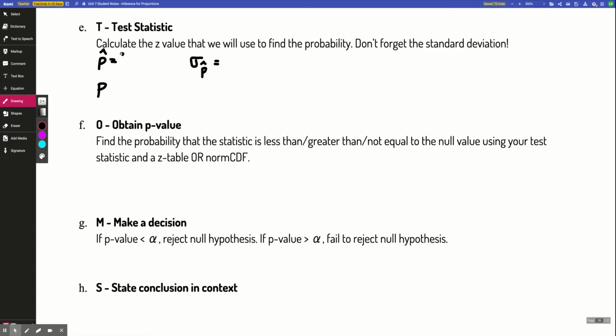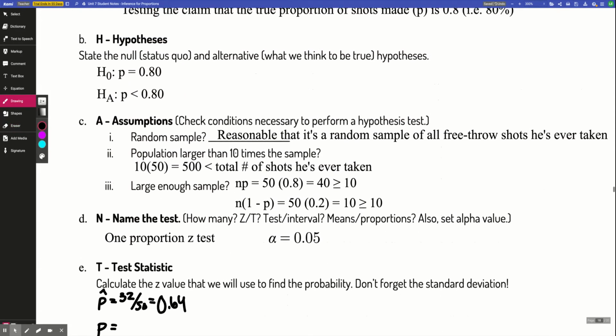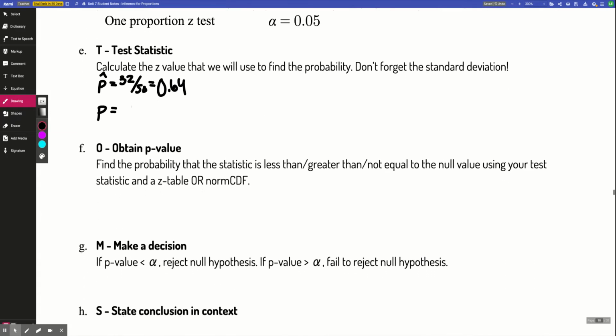So P hat is 32 out of 50, which best thing to do is convert that to a decimal. So that's 0.64. Okay, then P comes from our hypotheses, comes from our claim. So that's 0.8.